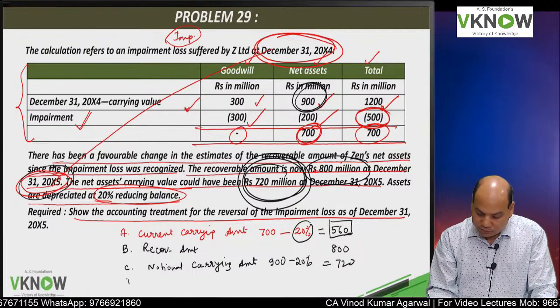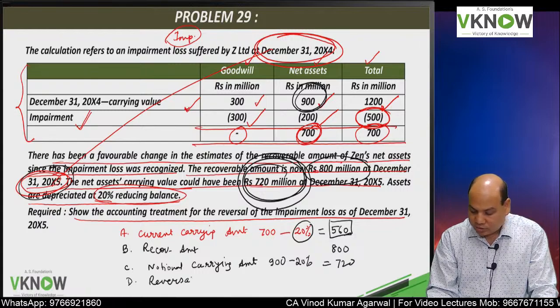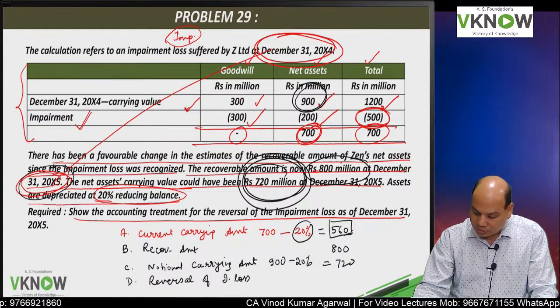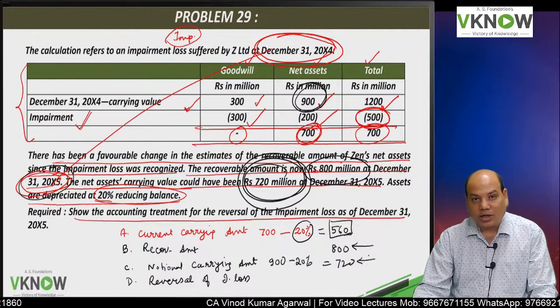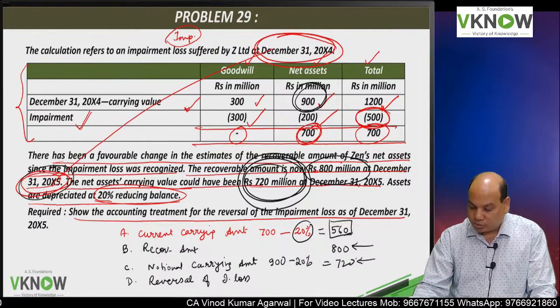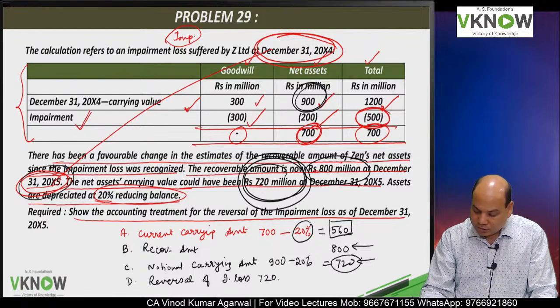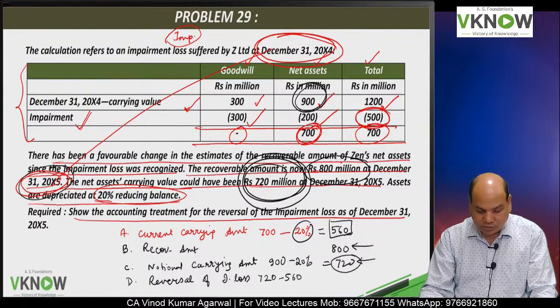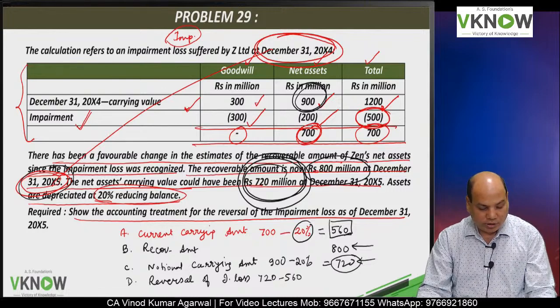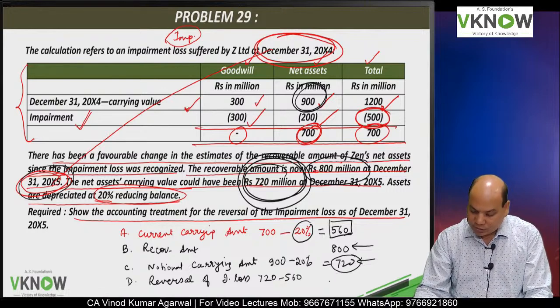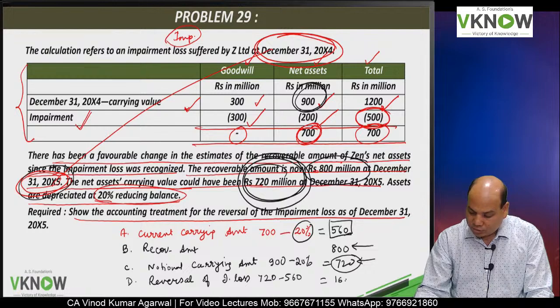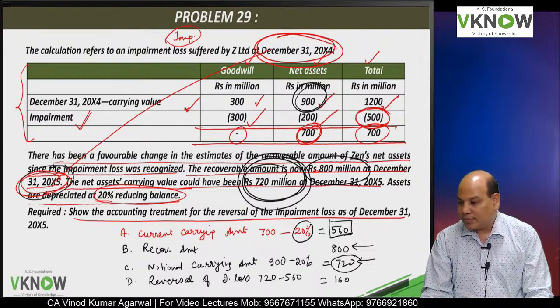So I will reverse. How much will I reverse? Reversal of impairment loss: either I can go to 800 or 720, but I will take the lower of the two. The lower of the two is 720. So reversal will be 720 minus 560, which is equal to 160.